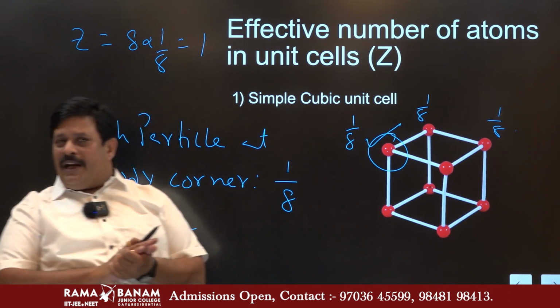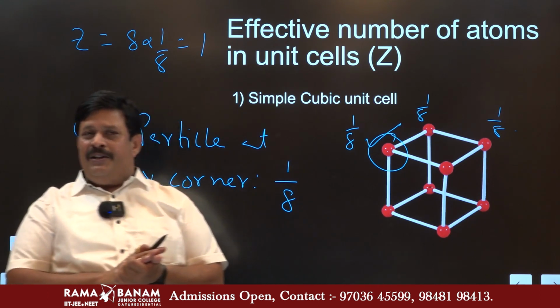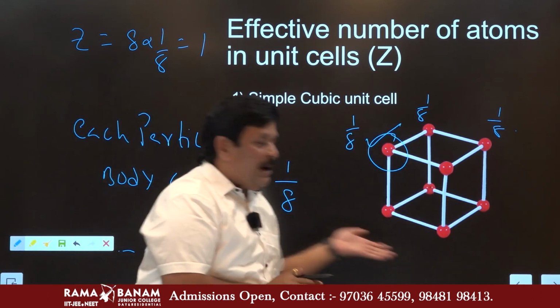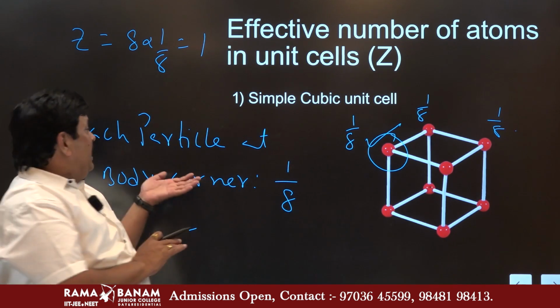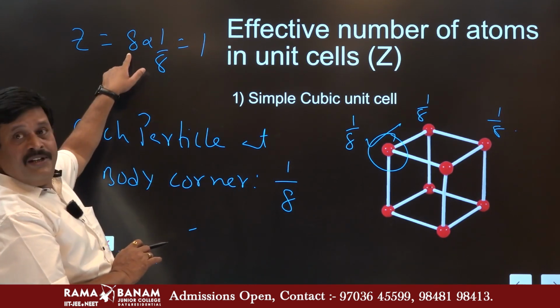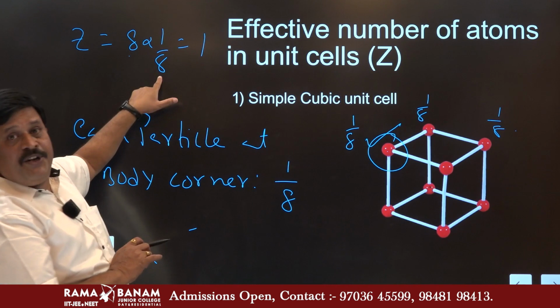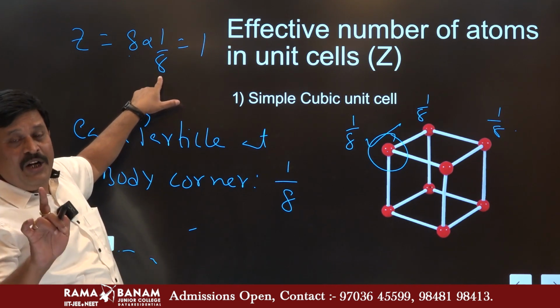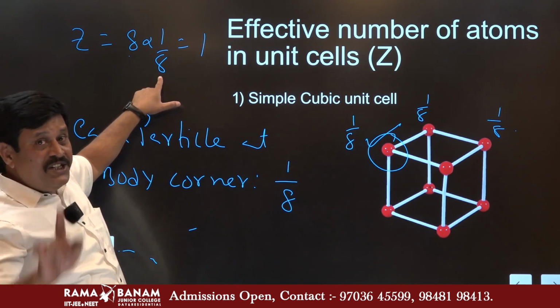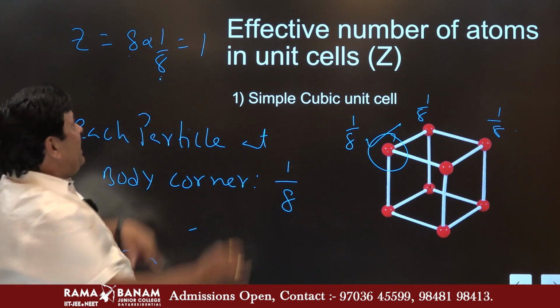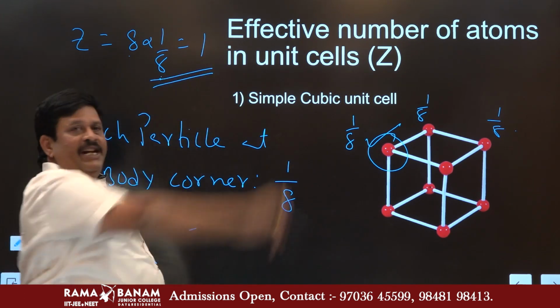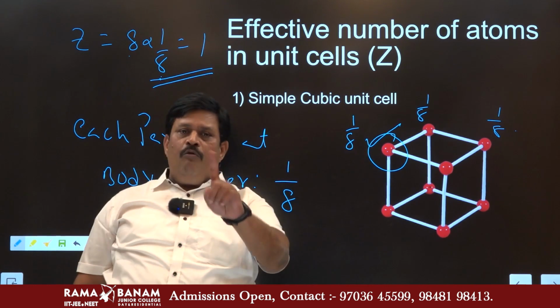The body corner particle contribution is 1 by 8. How many such body corner particles are there? Totally there are 8 body corners, and for each particle the contribution is 1 by 8. So, the effective number of atoms in a simple cubic unit cell is 1. So, the Z value for simple cube is 1.